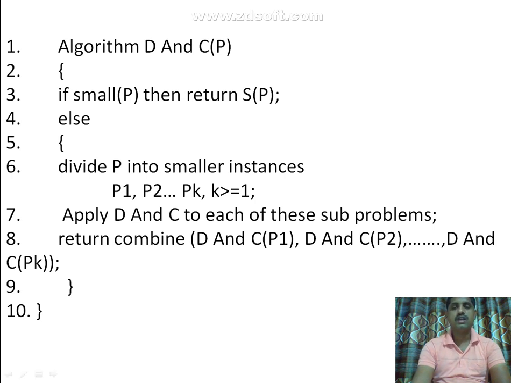So it is called a control abstraction. Here P is the given problem.